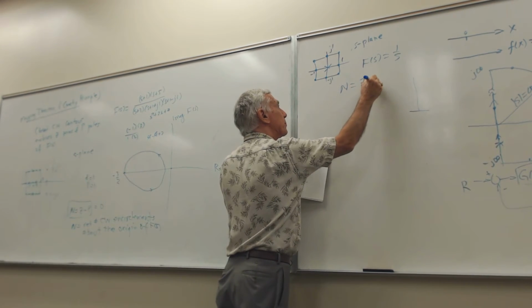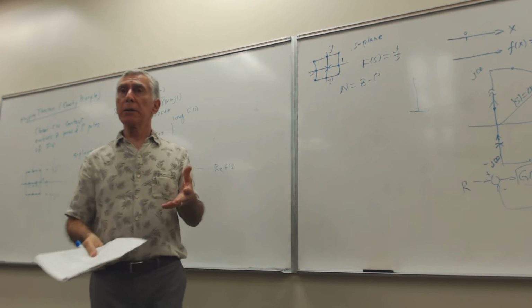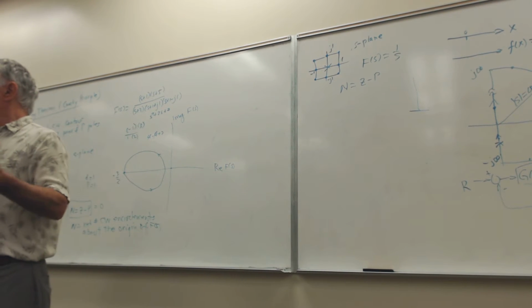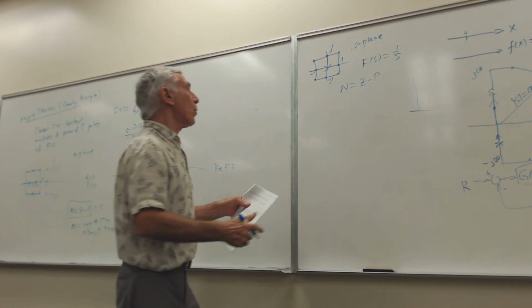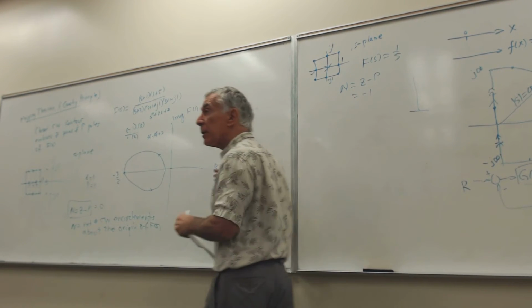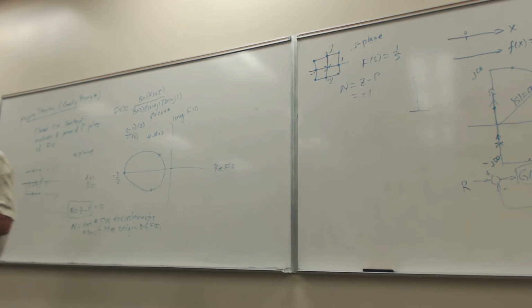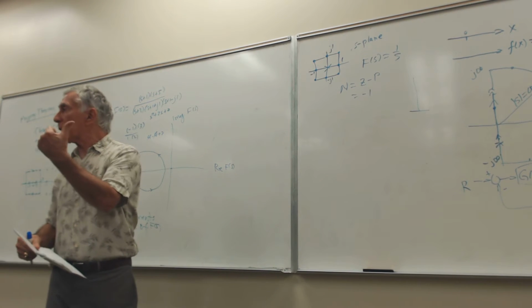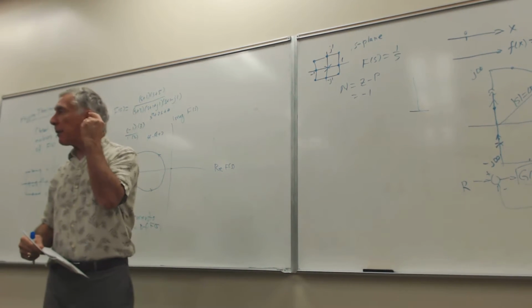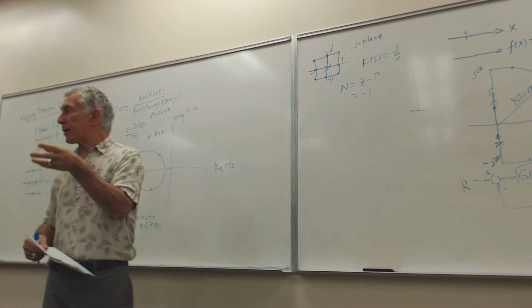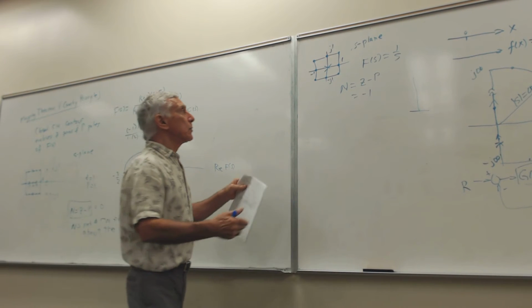It's Z minus P. There are no zeros, and there is one pole, so this is equal to minus 1. It encircles the origin, but does it do it counterclockwise? Well, we'll see. It's true, yes, counterclockwise because it's minus 1. One counterclockwise encirclement about the origin is the prediction. Okay, so let's do it.